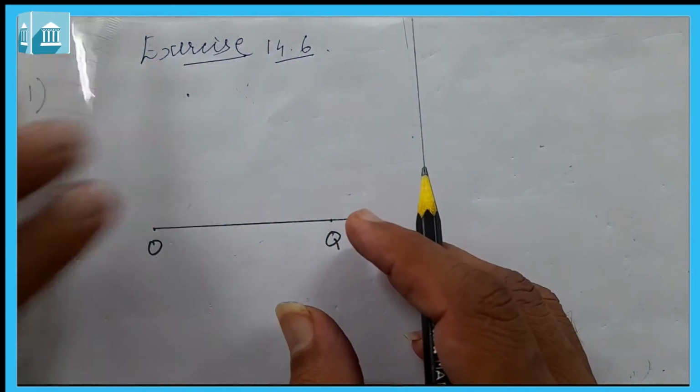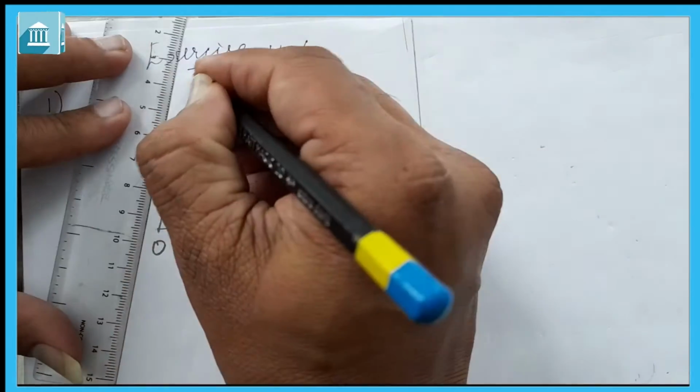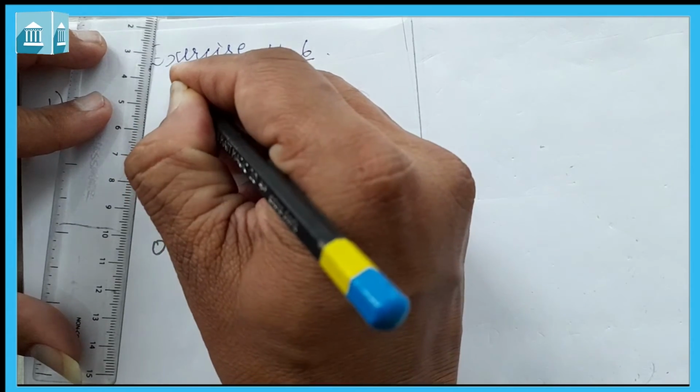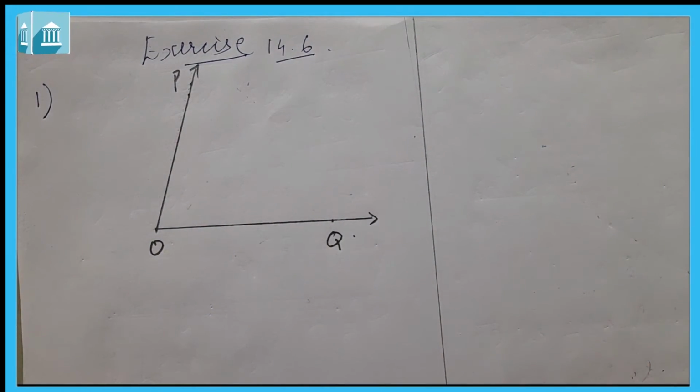Here it is 75. So POQ, this is our 75 degree angle. Now we have to draw its line of symmetry, means its bisector we have to draw.